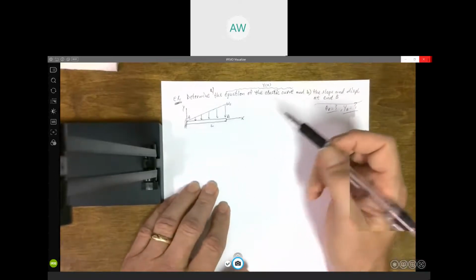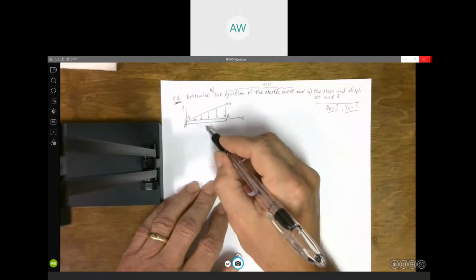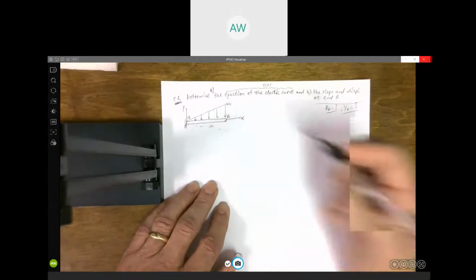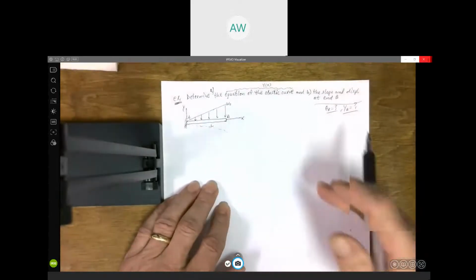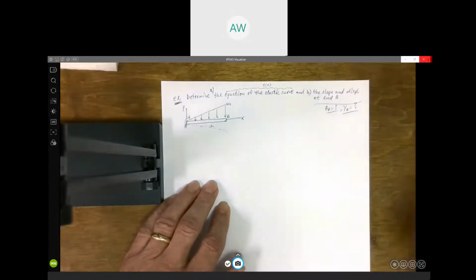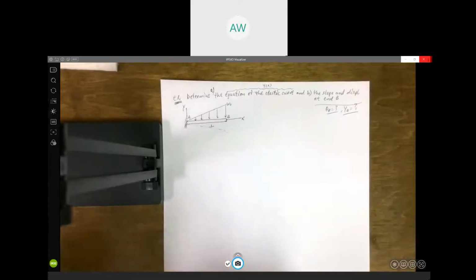Because this thing is going to bend down. We're going to have a curved beam. Once again, this is greatly exaggerated. In the real world, some of these beams you could hardly even see them move. The displacement is so small.